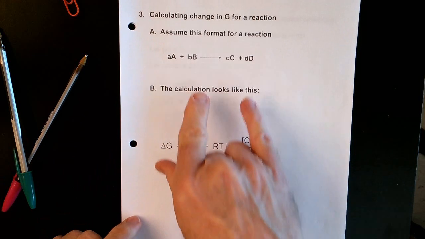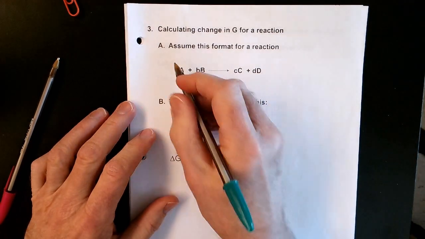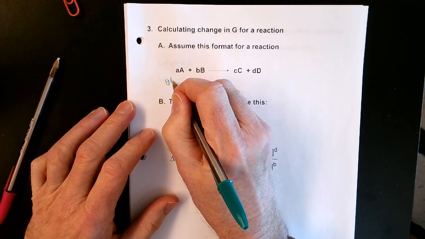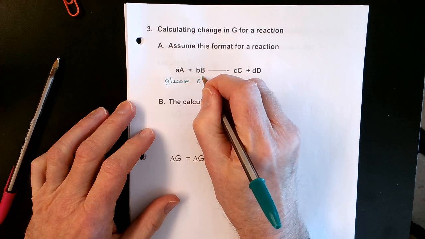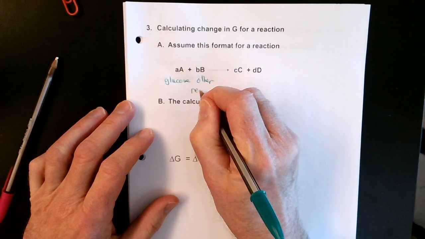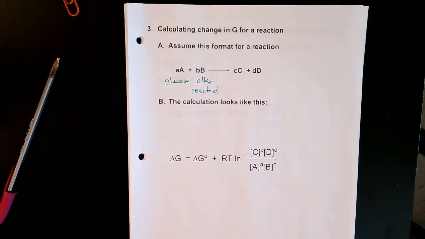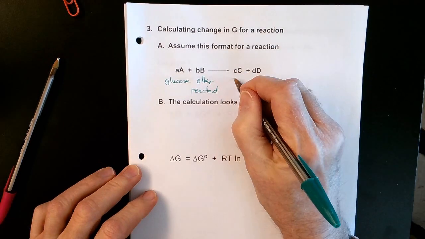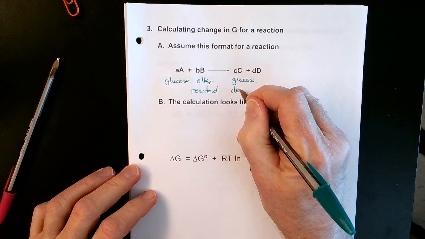So you're going to assume a reaction, and I'll even put an example on it. So let's say glucose, and here will be some other reactant. And let's say that when you're all done, you have some glucose derivative.